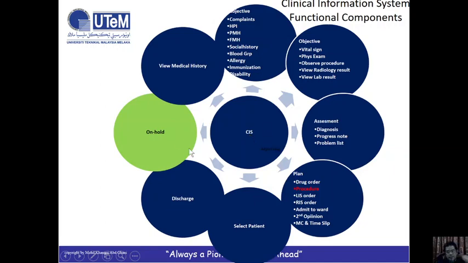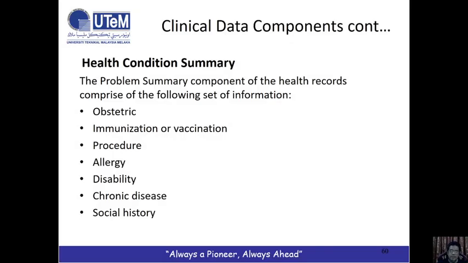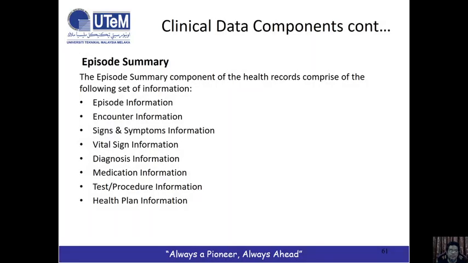Okay, after you break down this module into sub-modules, then you start to list the data components. So we divide the clinical data component normally into two: health condition summary and episode summary.